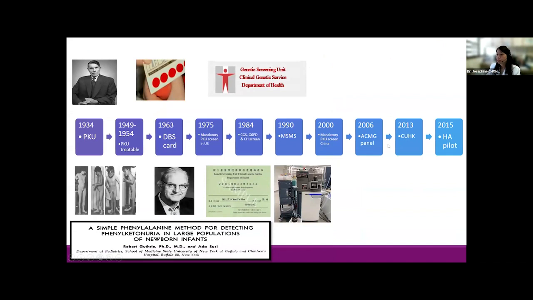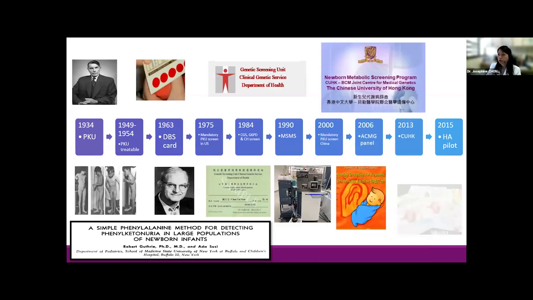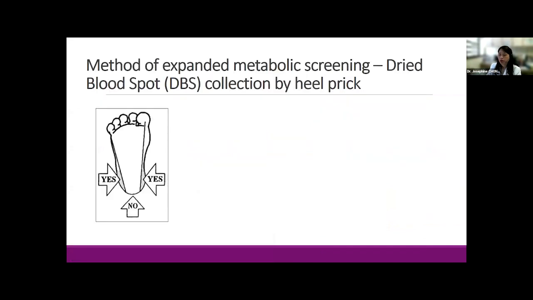Later on, in different developed countries such as the US, they have a unified recommended panel for screening. Back in 2013, CHK started the local expanded newborn screening program, and subsequently the Hospital Authority also adopted the screening program. Today in Hong Kong, all newborns can opt in to newborn metabolic screening, plus new items including SMA screening.